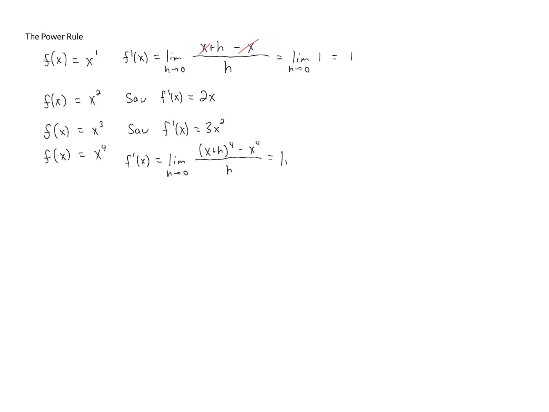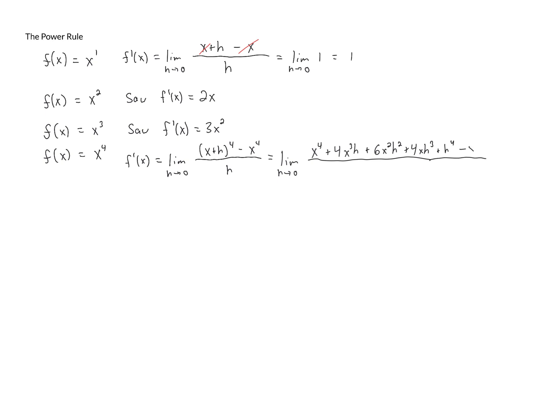We have the limit as h approaches 0 of... And when we expand x plus h to the fourth, we're going to end up with x to the fourth plus 4 x cubed h plus 6 x squared h squared plus 4 x h cubed plus h to the fourth.